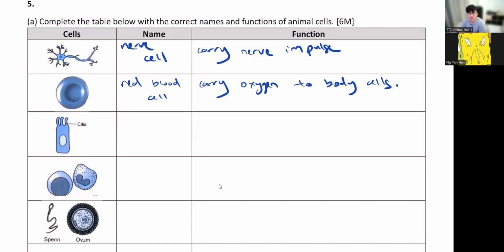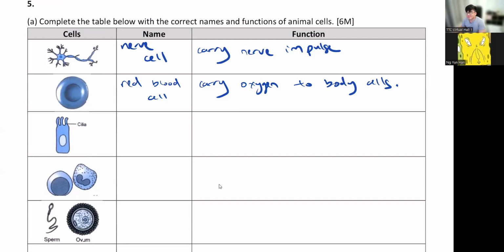What's the job of your Shopee delivery truck? They go to the Shopee headquarters. They carry your parcel to you. So same thing here. Your red blood cell will go to the headquarters. Where's the headquarters? Your lungs. Your lungs have all the parcels, which is oxygen. They'll go to your lungs, get the parcel, come to your house, and give it to you. So that's the job of a red blood cell.